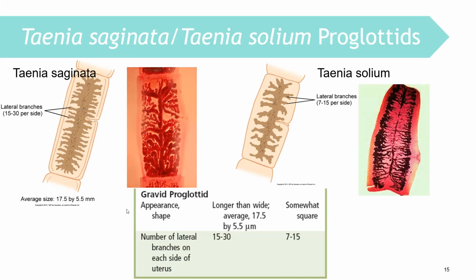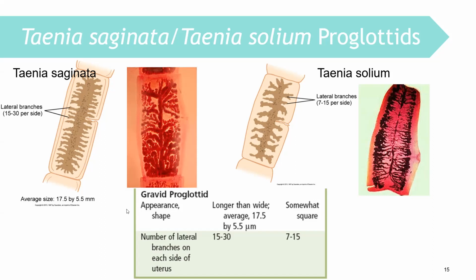Number 1, in terms of the number of the uterine branches or the lateral branches, saginata is 15 to 30, while solium is 7 to 13. Thus, mas marami pong uterine branches ang ating saginata as compared to our solium.